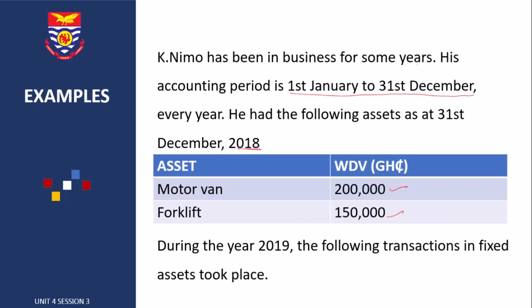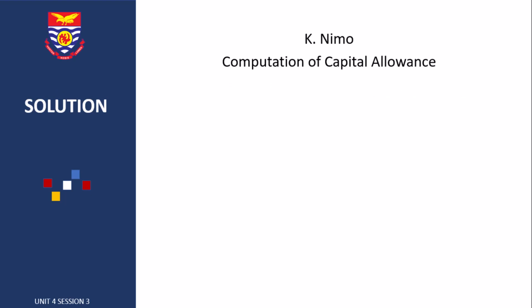So let's go back. So you take notice of the question, then we can solve it. Okay, so we have Nemo, the name of the business. And then we have computation of capital allowance.